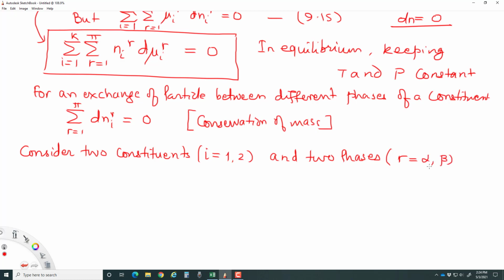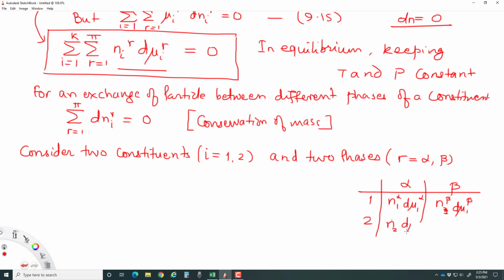So we have phase alpha, phase beta, constituent 1, constituent 2. Then this thing would be n1 d mu1 alpha, n1 d mu1 beta, n2 d mu2 alpha, n2 d mu2 beta.